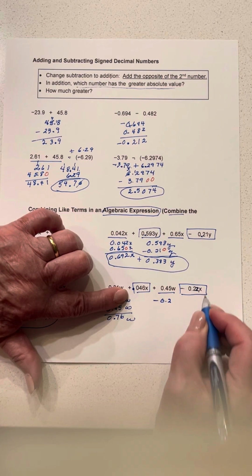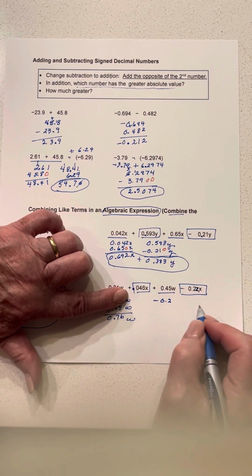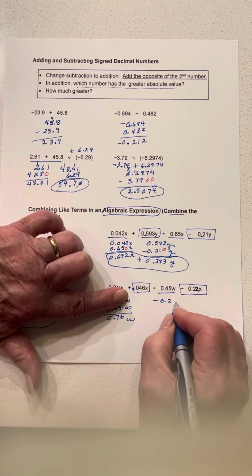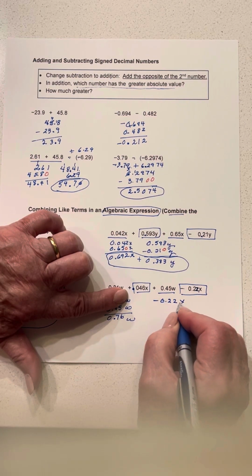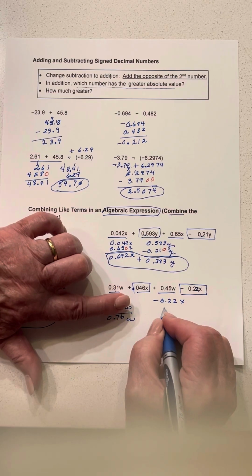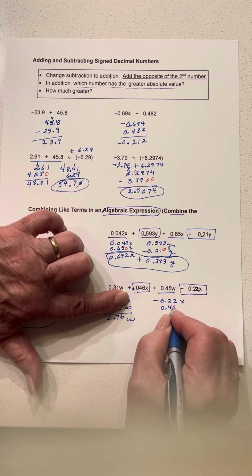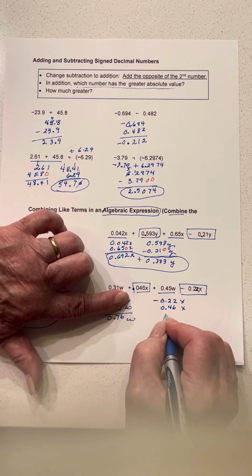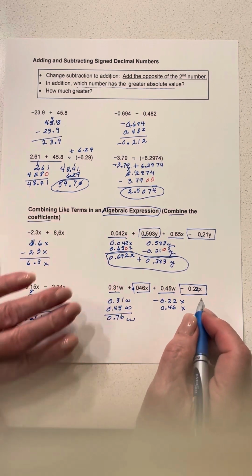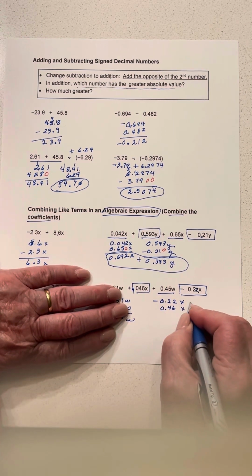I'm going to count that as a 2. It says X, but I'm going to count it as a 2. Whoops. I'm going to have to do this over.